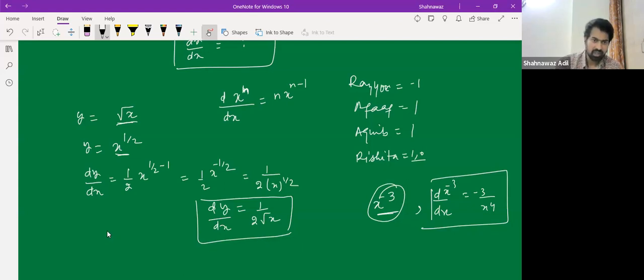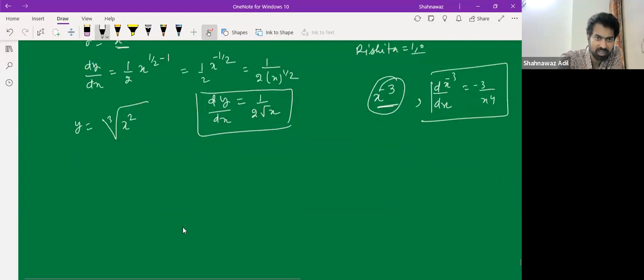Let's say I write the cube root of x squared. What is the power of x here? Don't mess up this time, guys.